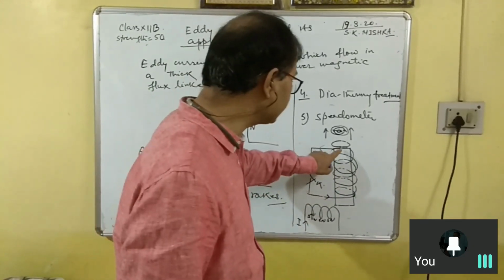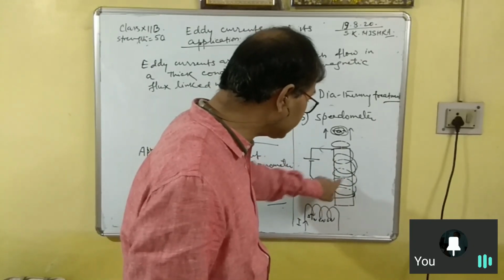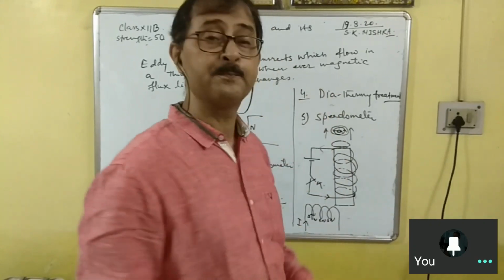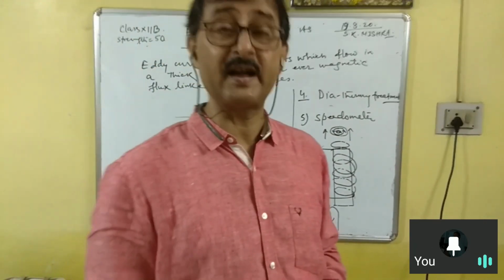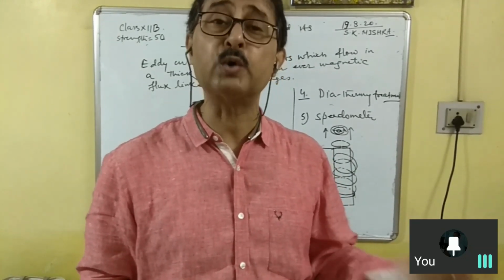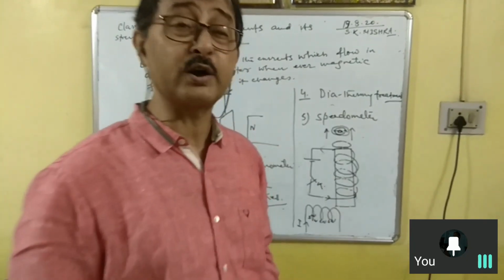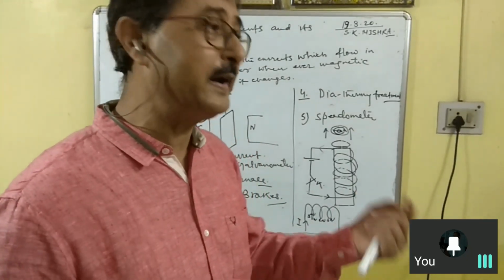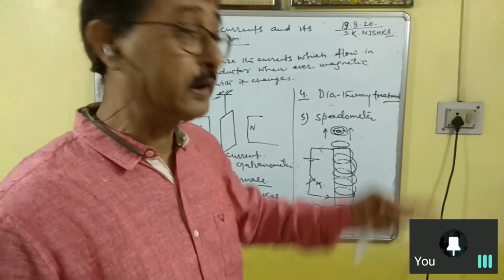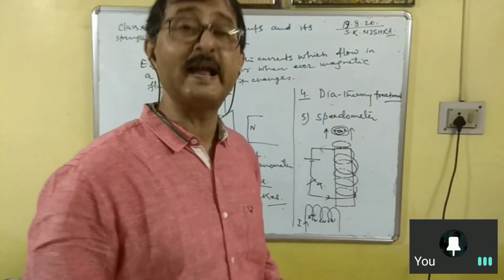Suppose this pole is north, then since the magnetic field of the solenoid is changing. Why is it changing? Because of the self-induction phenomenon. What is self-induction? The property of a coil by virtue of which it opposes the growth and decay of current. Since the current is growing, it will oppose the growth, that's why it takes a few seconds to reach its maximum value. During that time interval, the magnetic field of the solenoid is increasing.